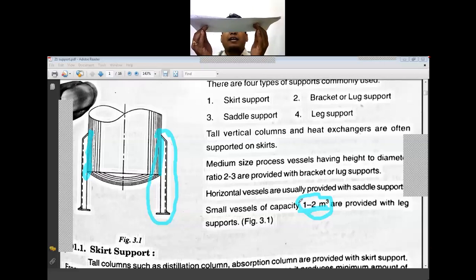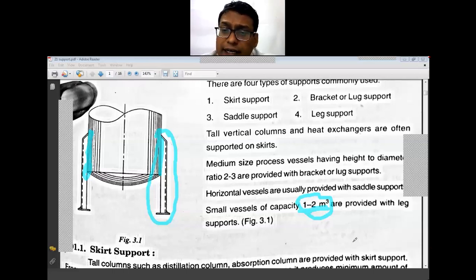That means a tank you are putting, overhead tanks. Below, they give some support of 4 legs. So that is nothing but the leg support. For small capacity and small weight loads, these leg supports are generally used.